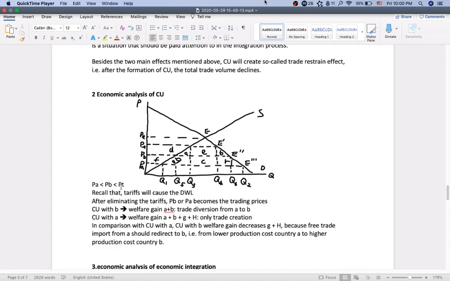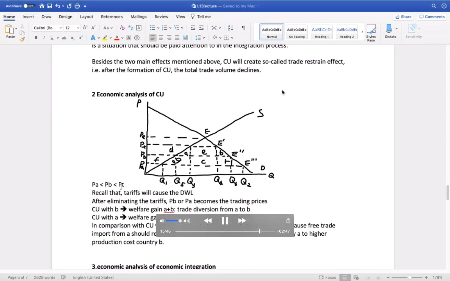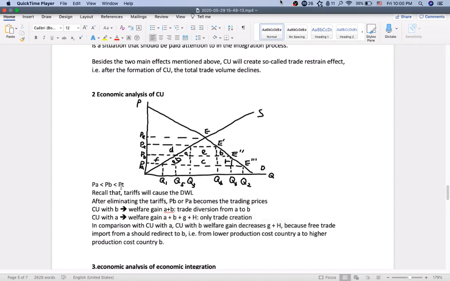And the country will import at PB at the quantity of Q5 to Q6. That is, if the country A is excluded from the trade and the country forms the customs union with country B, it will import at PB from country B by the quantity of Q5 to Q6.